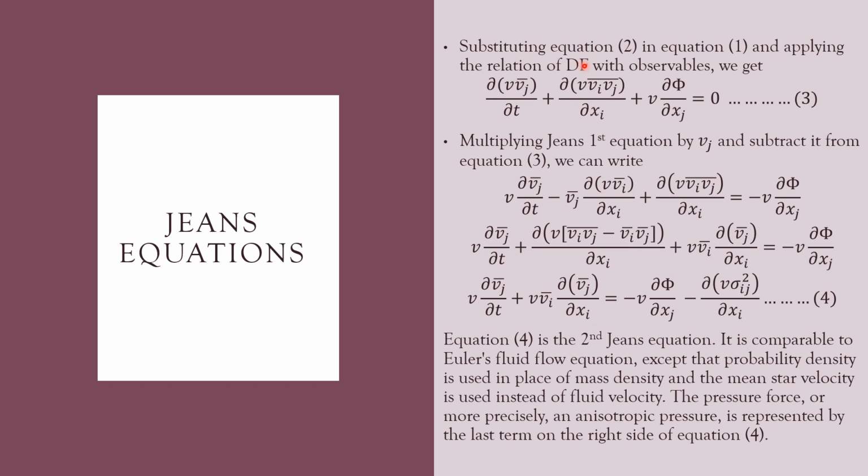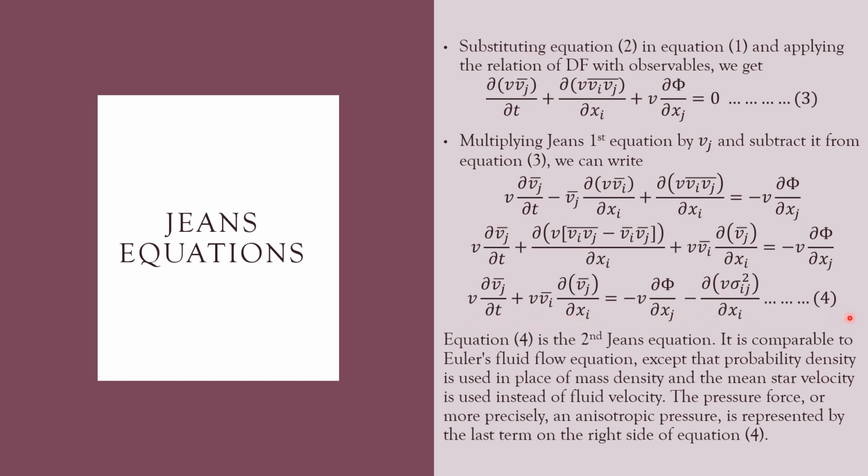Substituting equation 2 into equation 1 and utilizing the relationship between the distribution function and observables, we derive equation 3. Next, by multiplying the first Jeans equation by v̄j and subtracting it from equation 3, we arrive at this line in the slide. After doing a little algebra, we will get equation 4.